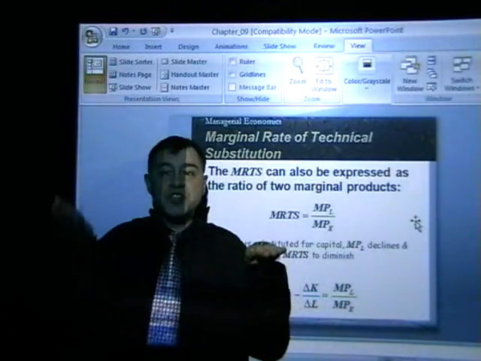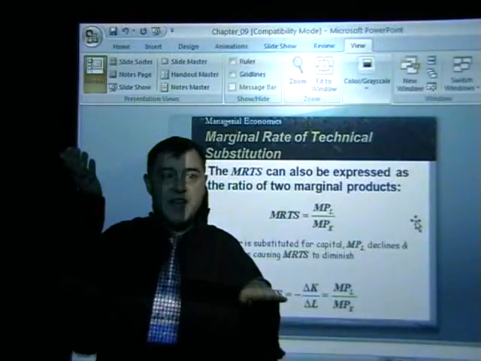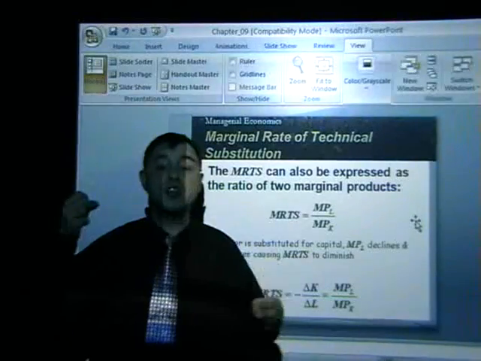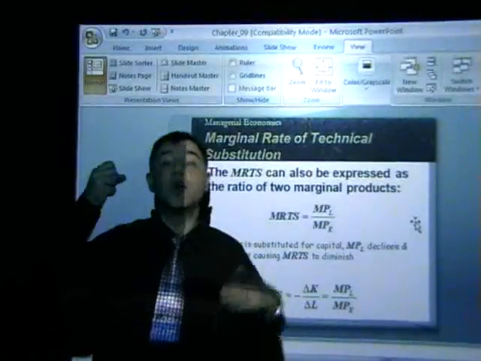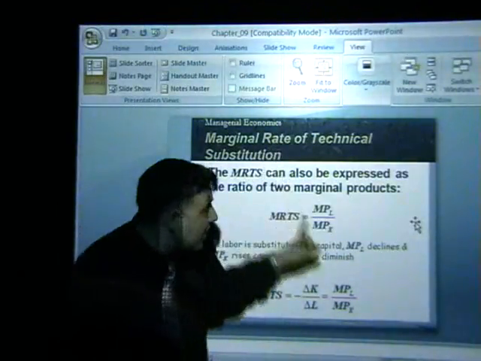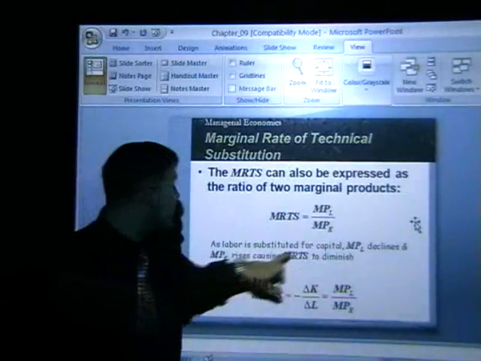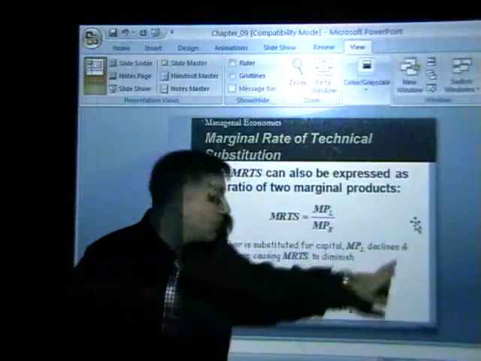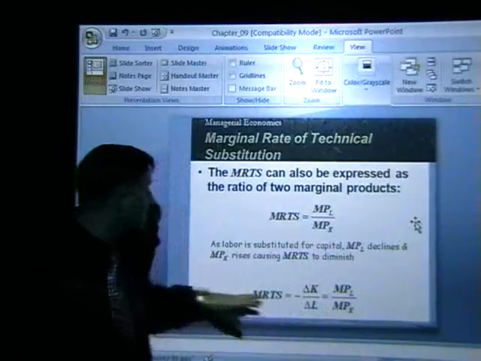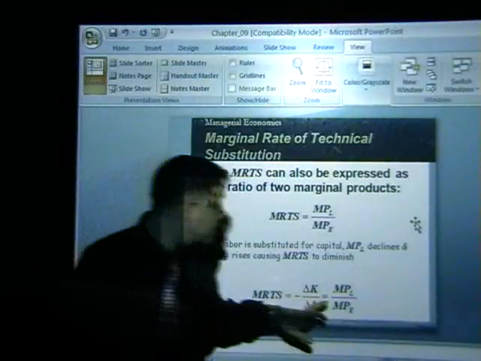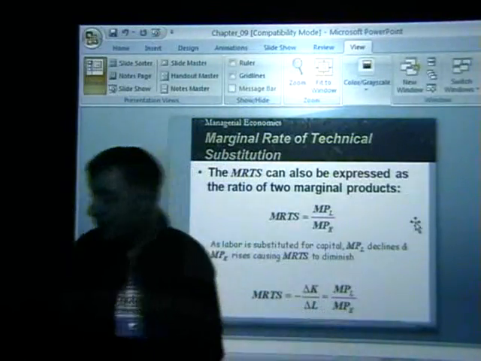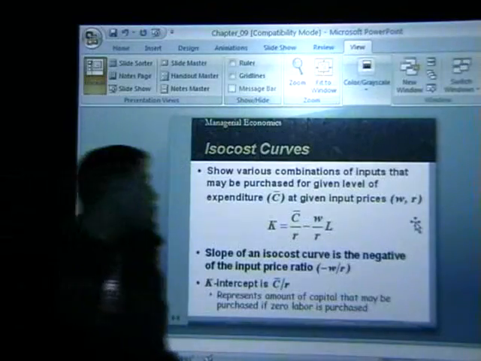So, as you increase the number of workers and reduce the number of taxis, the marginal product of workers falls and the marginal product of taxis, or machines, or what we call capital, increases. It's a basic relationship. So as you substitute, the marginal product of labor falls and the marginal product of capital rises. This falls, this rises, so the marginal rate of technical substitution will constantly fall. Well, this is the slope of the curve.